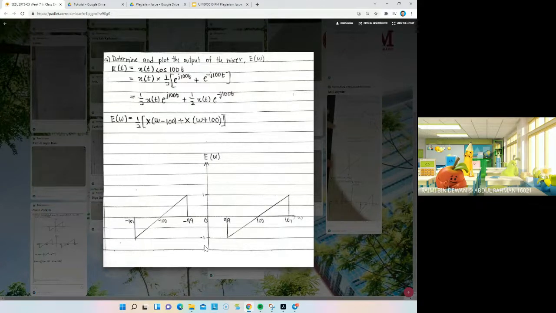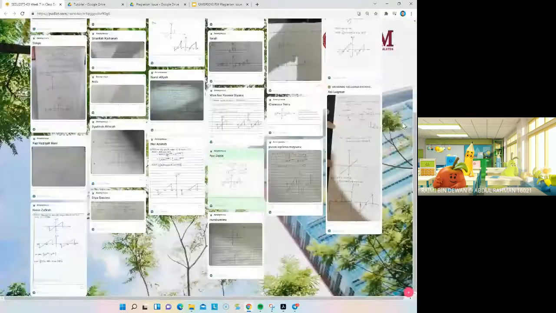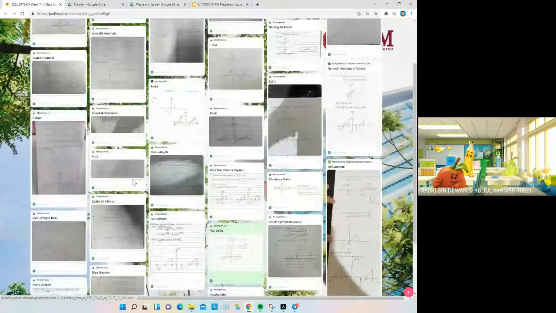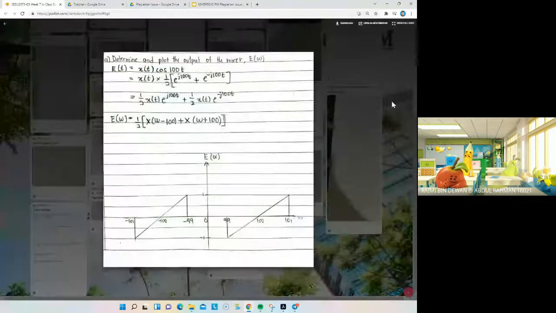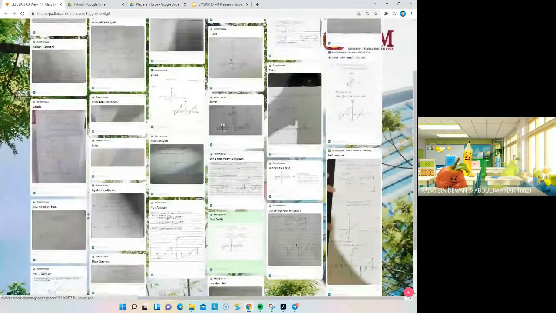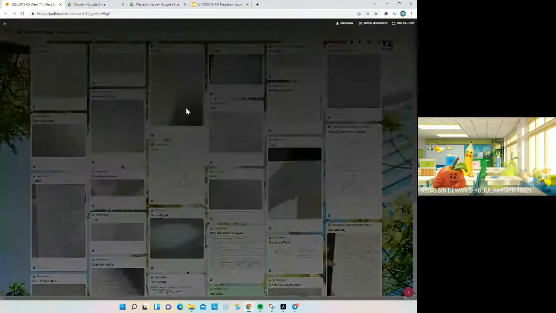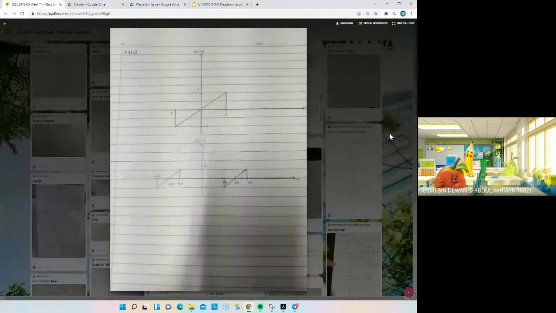I think this is half. Don't leave things out in the exam. Okay, this one I think is negative half. And then this one disappears.